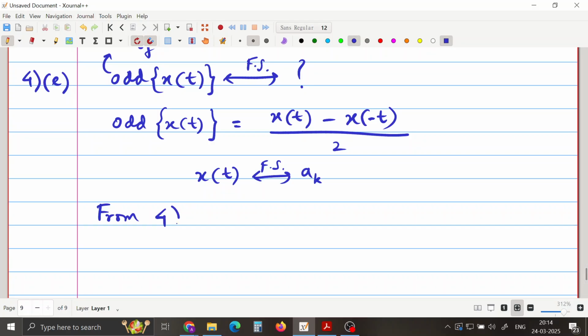So what do we have? From the result of 4b, x of minus t has Fourier series coefficient a minus k.